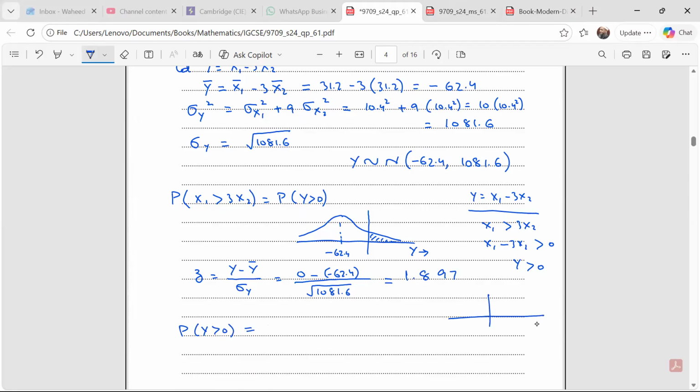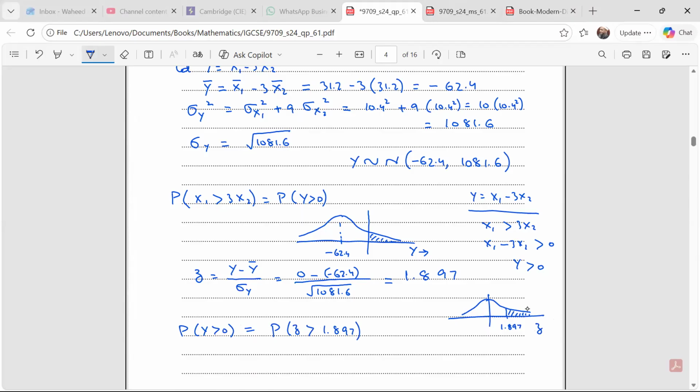So now the probability that y is positive is the same as the probability for another random variable z, which is normally distributed with zero mean and variance 1, being more than 1.897. Somewhere here is 1.897, so we need to find this area, the probability that z is larger than this value.